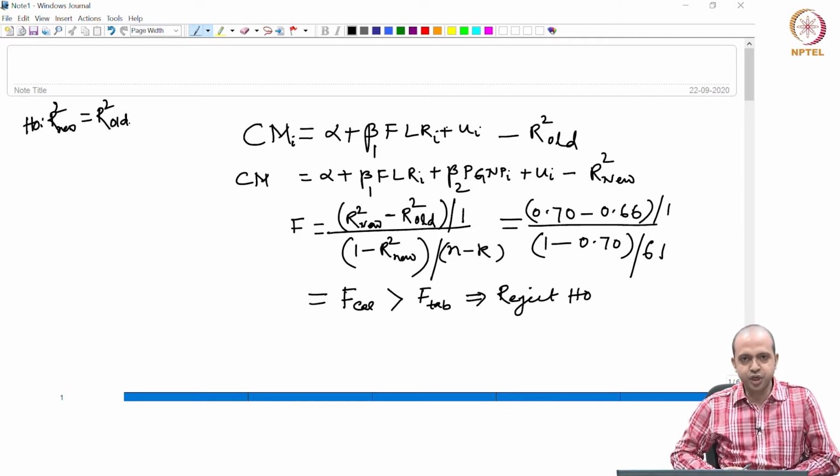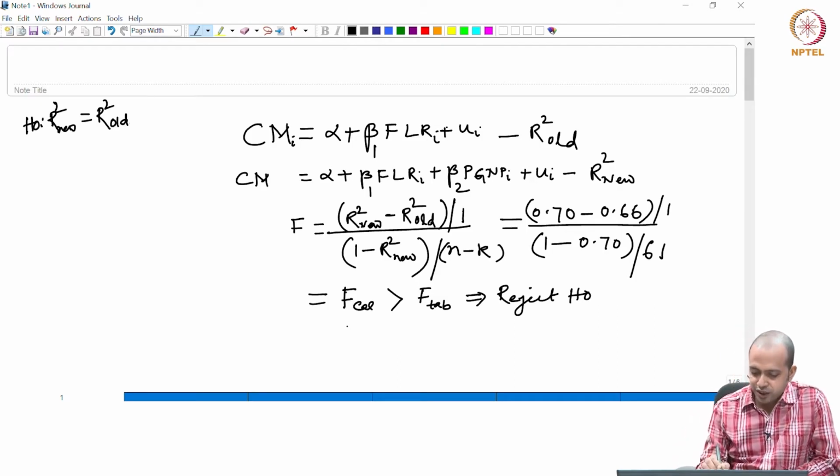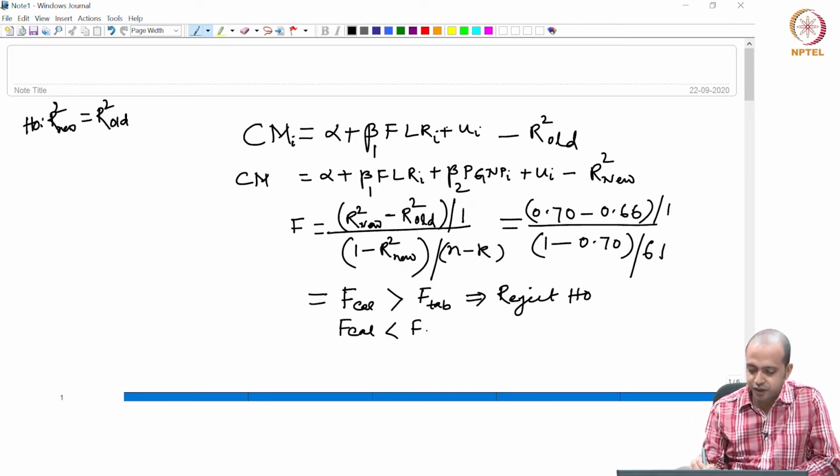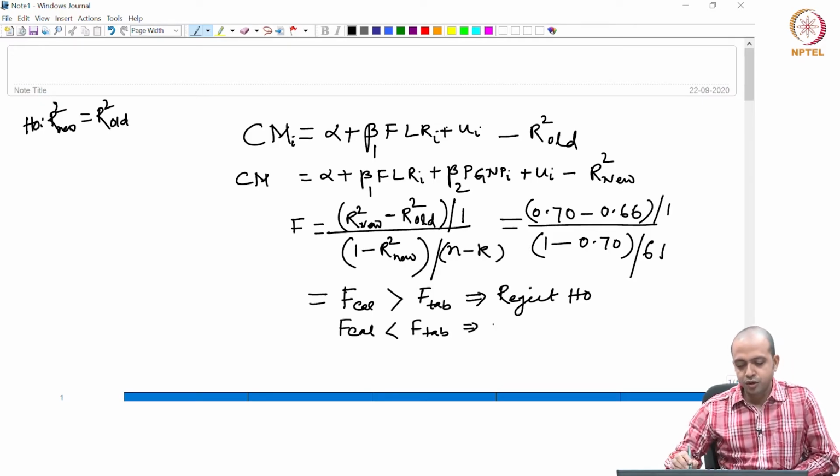Alternatively, we can say that the new explanatory variable added in the model has insignificant explanatory power, okay. And if F calculated is less than F tabulated, then what would be your decision? Do not reject the null, do not reject the null.